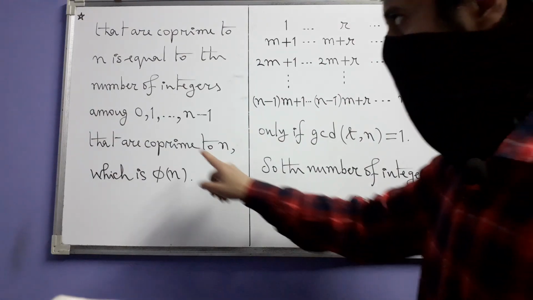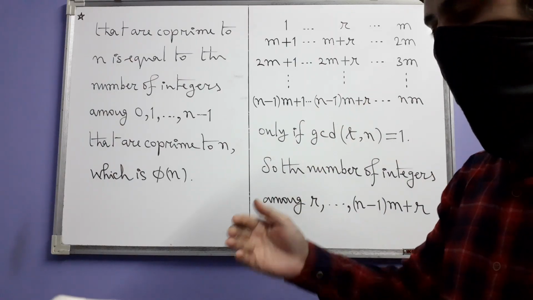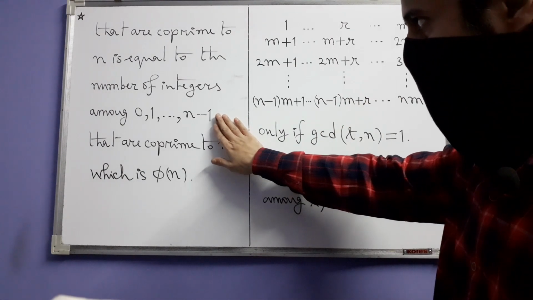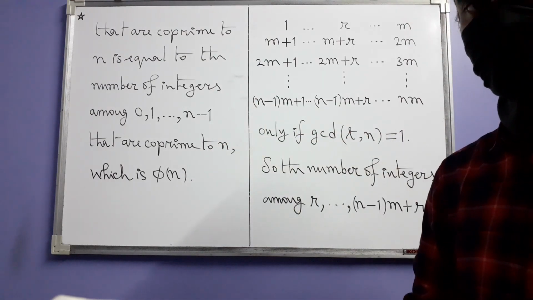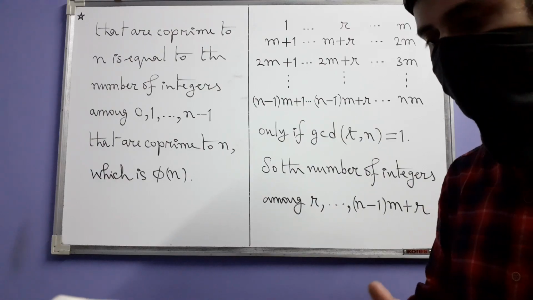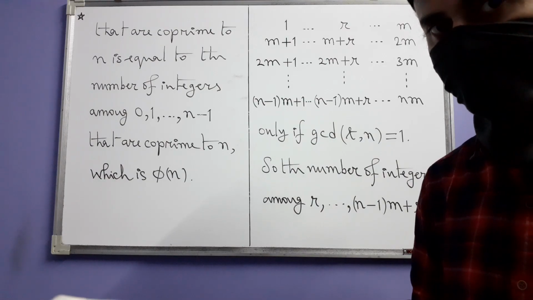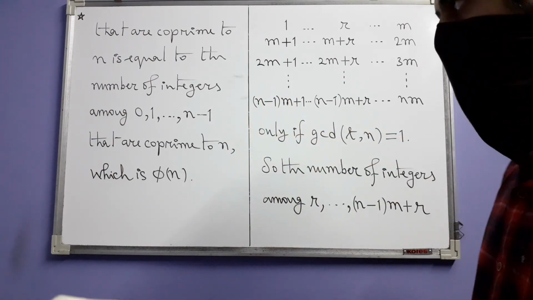Do not be confused about having this 0 here, because your n is greater than 1 just like m, so you are not losing anything when you are not considering n, and when your aim is to find those integers that are less than or equal to n and relatively prime to n. So neglecting n, you are not losing anything.